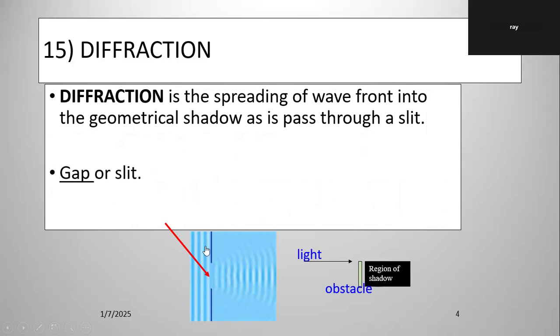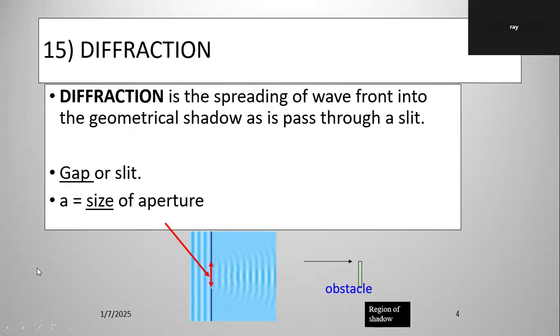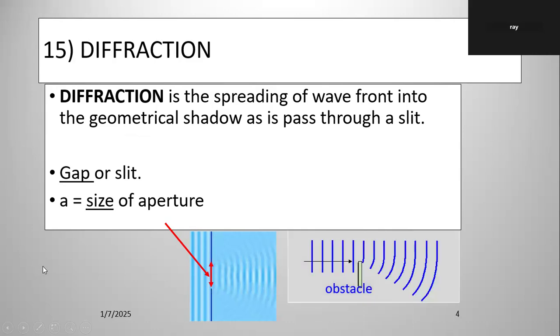You can call it a gap or slit. A gap or slit is formed by one obstacle here and one obstacle there. a is the size of the aperture. That's what you will draw for diffraction.